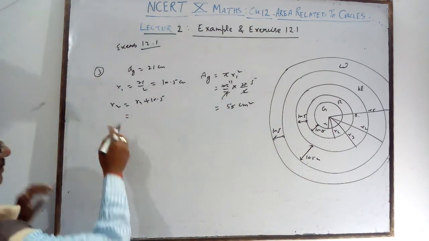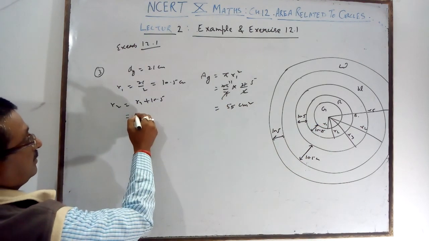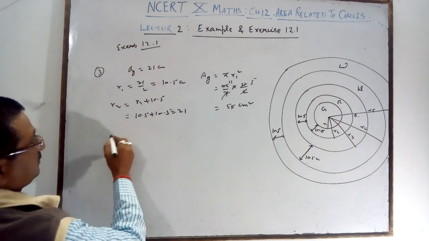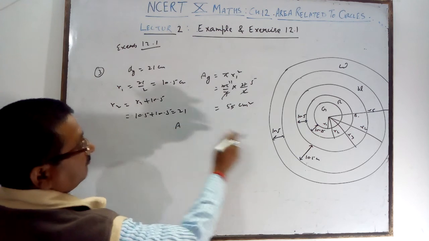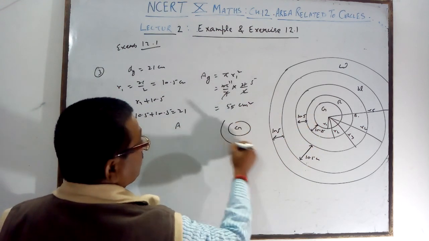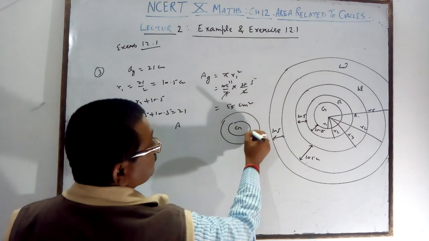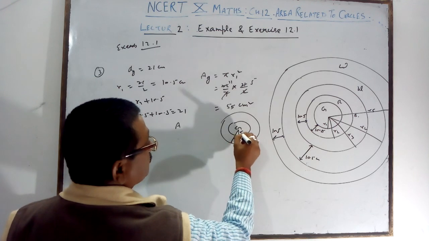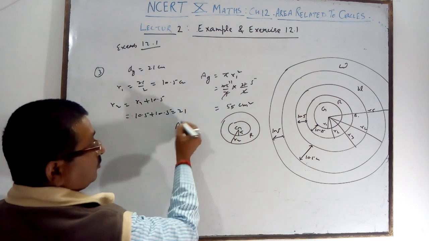Like this you can get R2: 10.5 plus 10.5 is equal to 21. So area of ring, here you are getting gold, then you are getting the red. So R1 and R2.